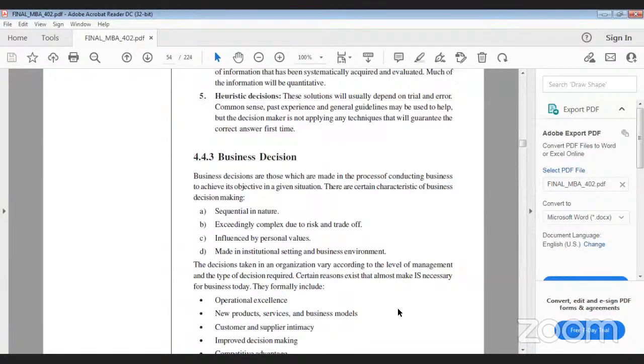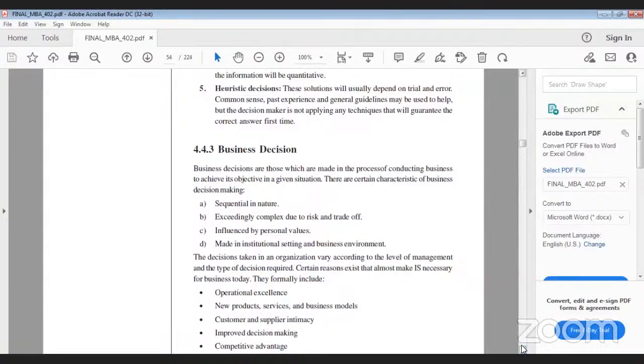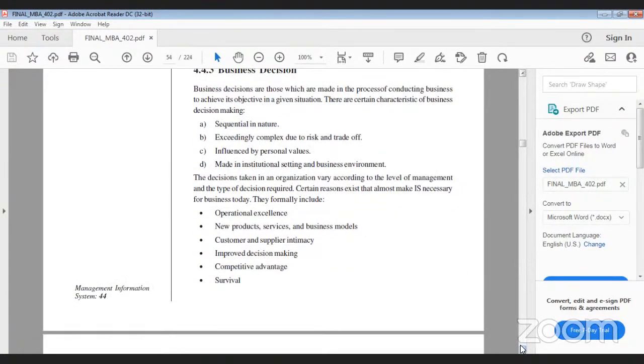internal systems. First is operational excellence. Second, new products, services, and business models. Third, customer and supplier intimacy, improved decision making, competitive advantage, and survival.